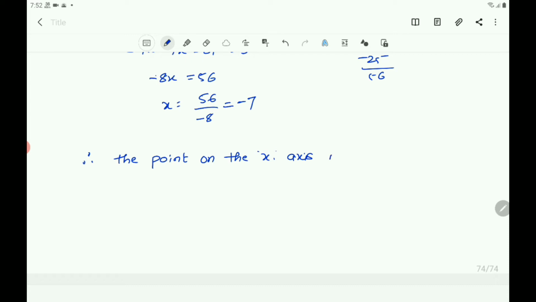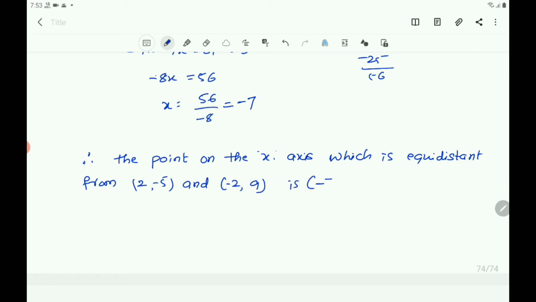which is equidistant from (2, minus 5) and (minus 2, 9) is (minus 7, 0), because it must be in the form of (x, 0); the y value must be equal to 0.